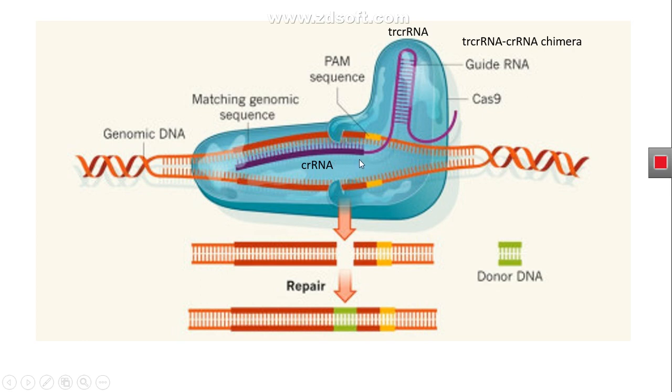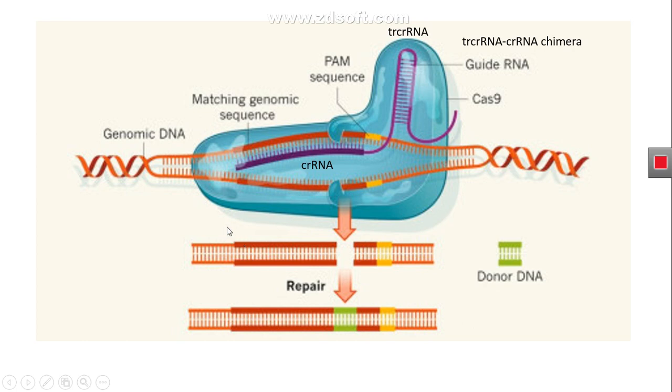So how do both scientists use this system to edit the genome of a eukaryotic cell? We will see here what happened when this system, the Cas9 protein and single guided RNA, is introduced in any eukaryotic cell. For example, let's take cancer.